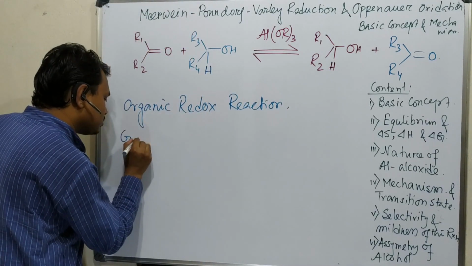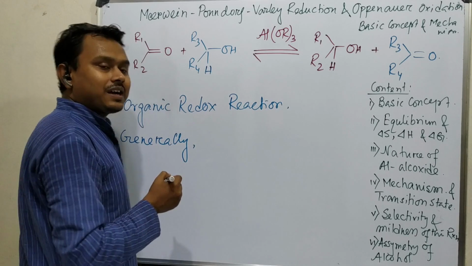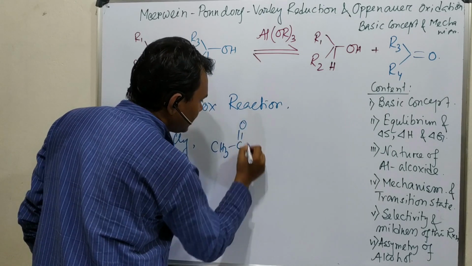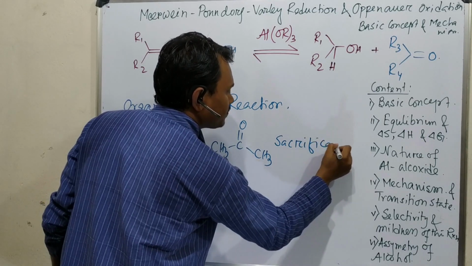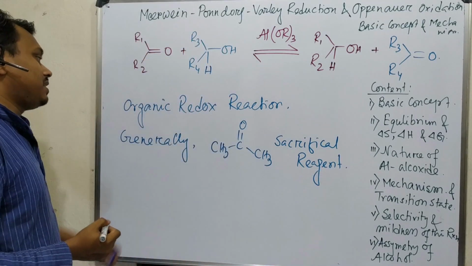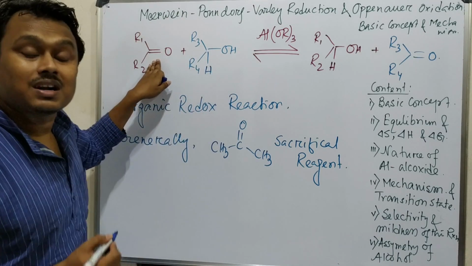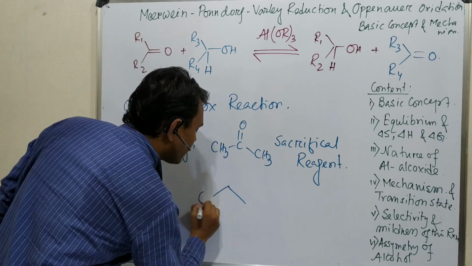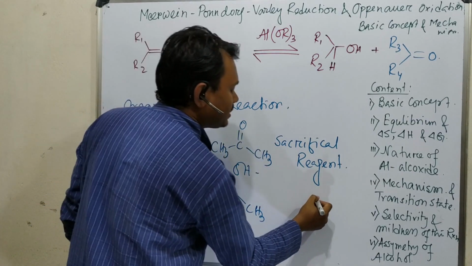Generally, and please don't take this as common sense, if you need alcohol oxidation, acetone is used as the sacrificial reagent. But if you need reduction of a ketone, then we need a sacrificial alcohol. For that case, generally isopropanol is used as the sacrificial reagent.